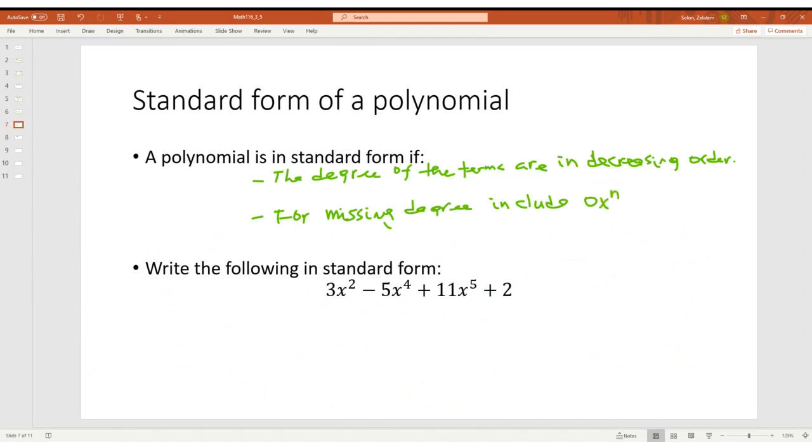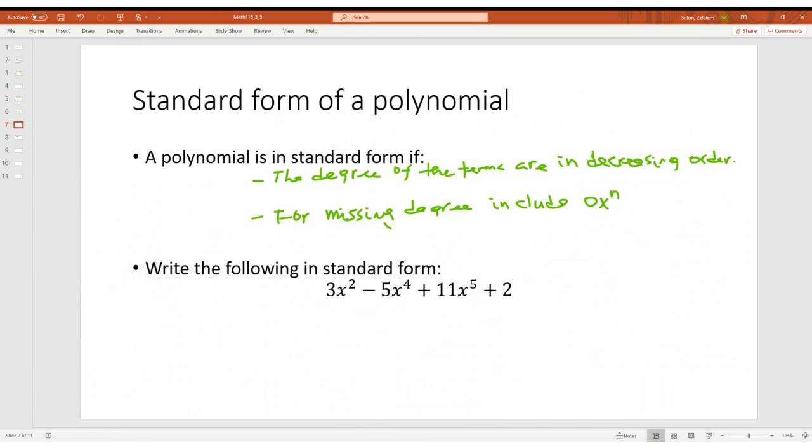This is important when you do polynomial long division. If the polynomial is in decreasing order of degree, and any missing degree in between is filled with 0 x to the power of n, that polynomial is in standard form.